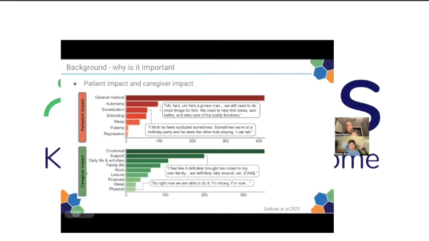And so that's what these two graphs here are. The top one is the symptom impact on the patient, and then the bottom one in different green tones is the impact on the caregiver. So you can see the same sort of idea: what are the categories of issues that result from the different types of symptoms that KdVS patients have?